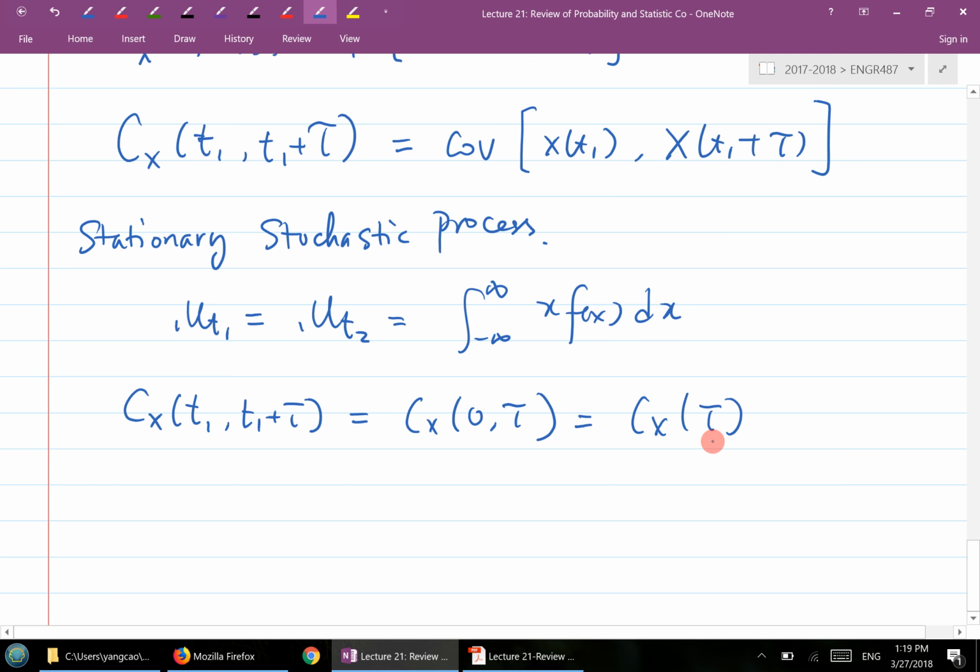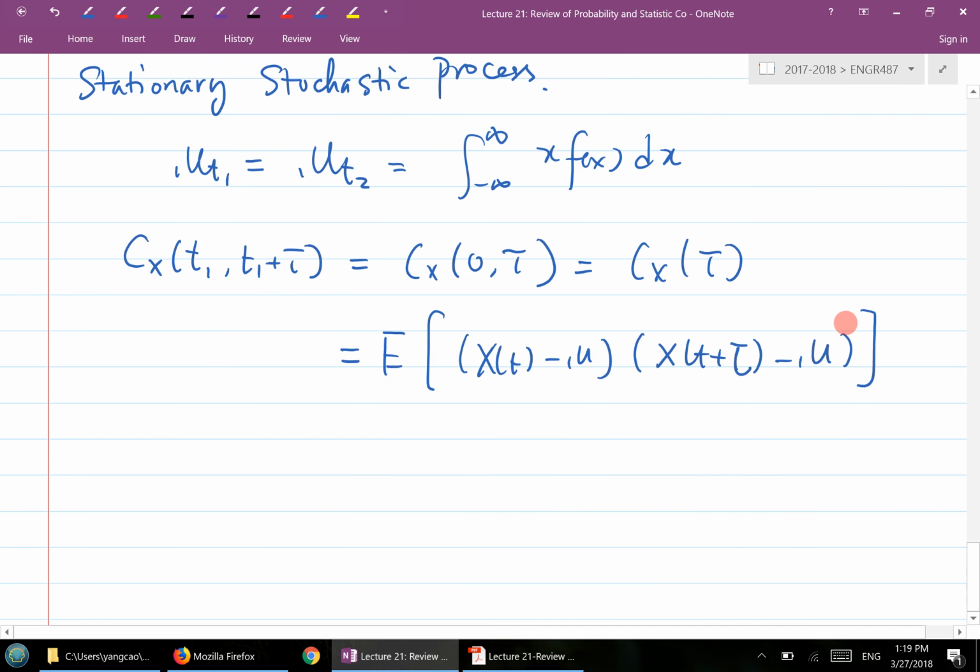They all have the same covariance value here. Of course, the calculation is capital X of t minus its mean, and capital X of t plus tau minus its mean, like this, right?